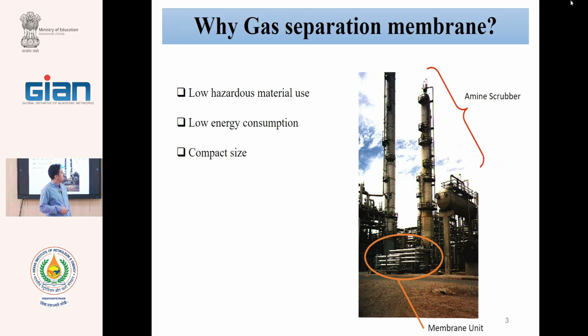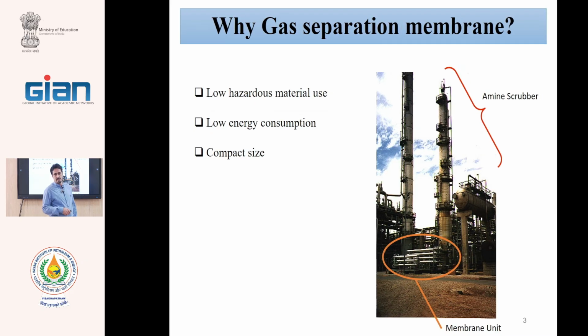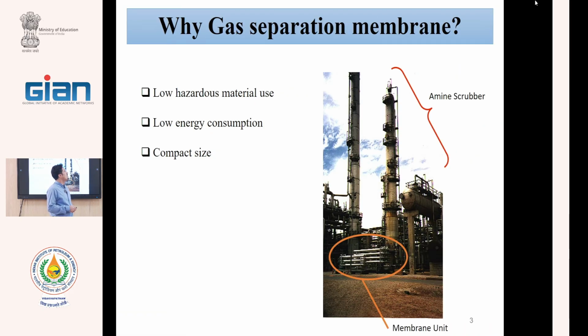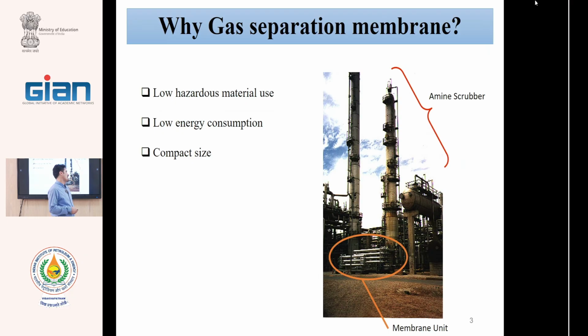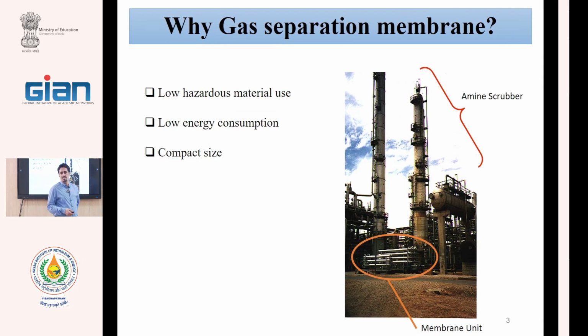In this figure, you see that the main method used for capturing carbon dioxide is amine scrubbers, absorption columns, that use amine-based solvents for capturing, and this material is hazardous. But in gas separation, we do not use any additives.